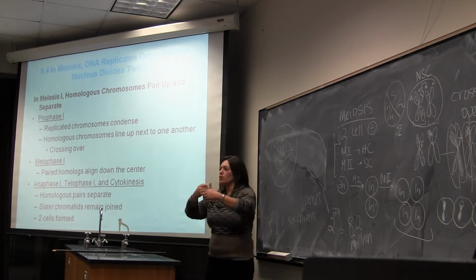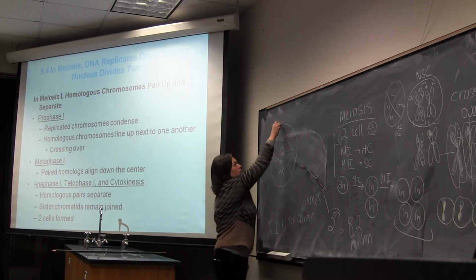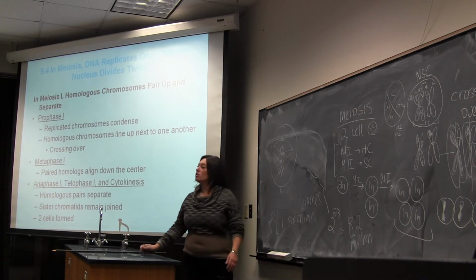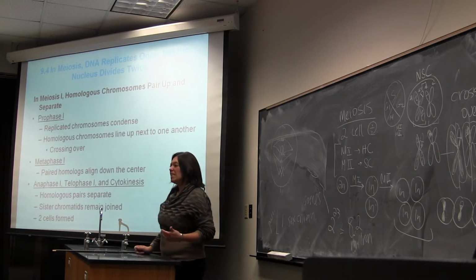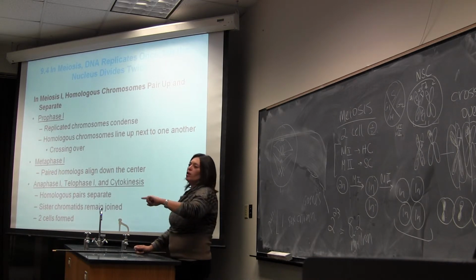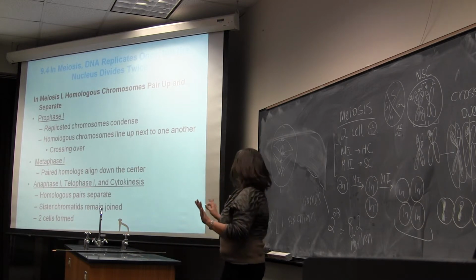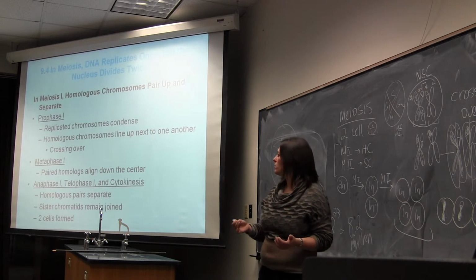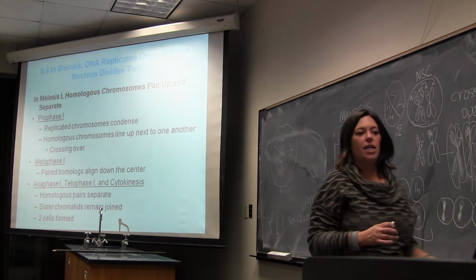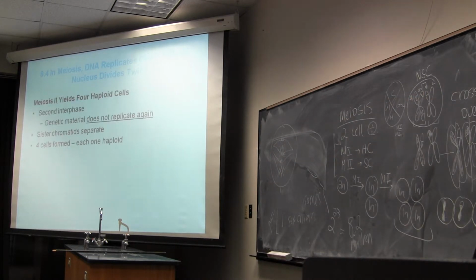And then in anaphase 1, this is when you pull apart the homologous chromosomes. And then that's going to be followed by telophase, no cleavage furrow, and then you end up with 2 cells. And those 2 cells are going to be haploid, have 1 set of genetic information. And then meiosis 2 is going to look exactly like mitosis.